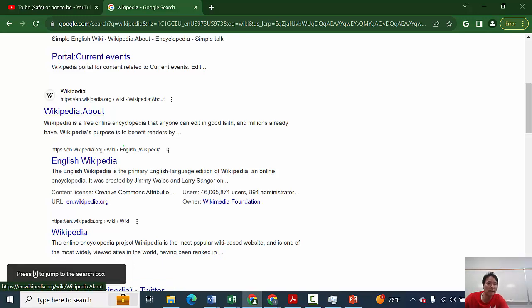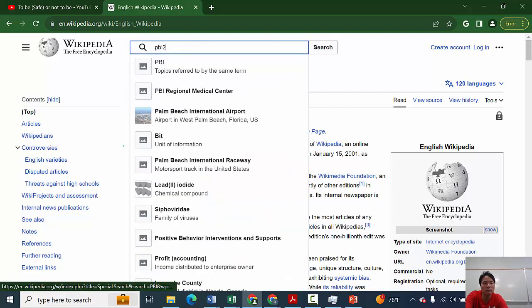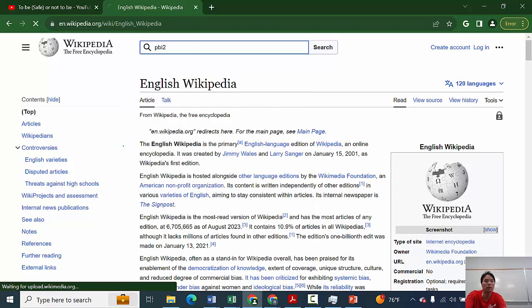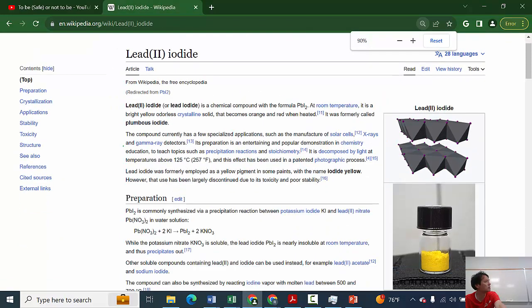we'll just go to Wikipedia, and we're going to look up PbI2. Wikipedia data for this is pretty decent.